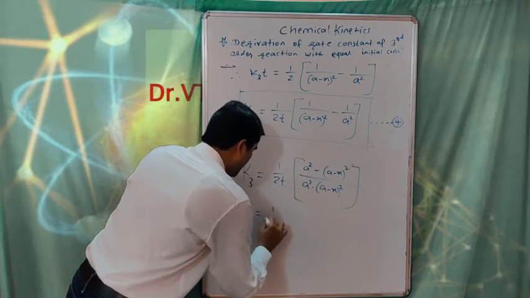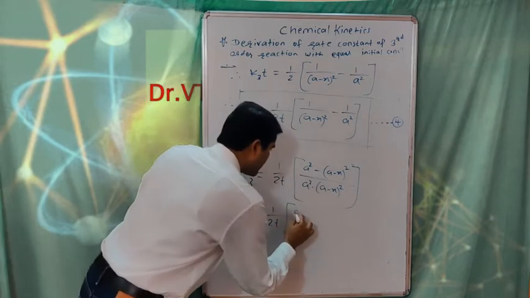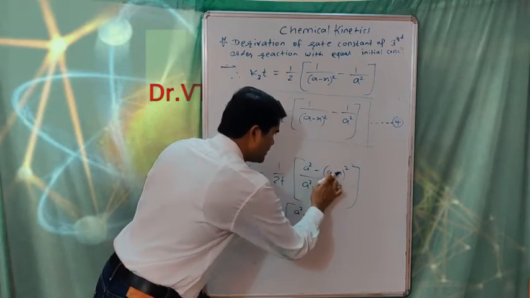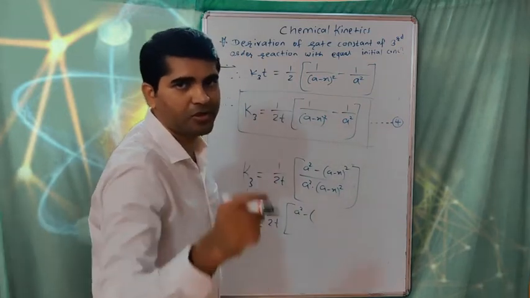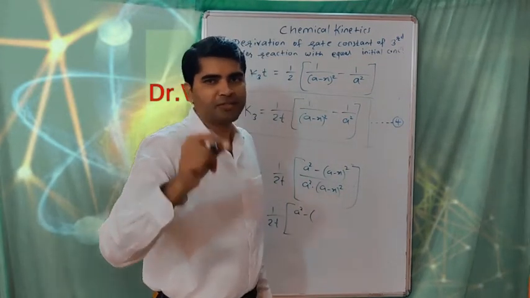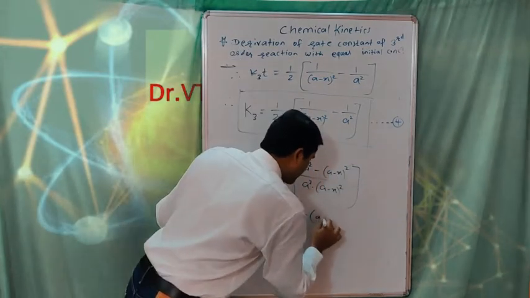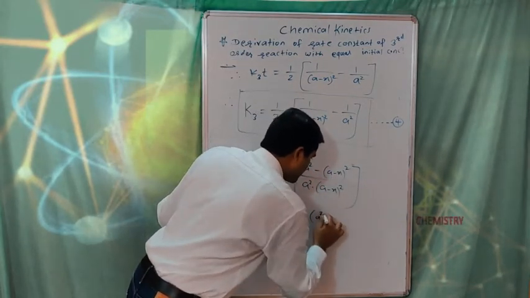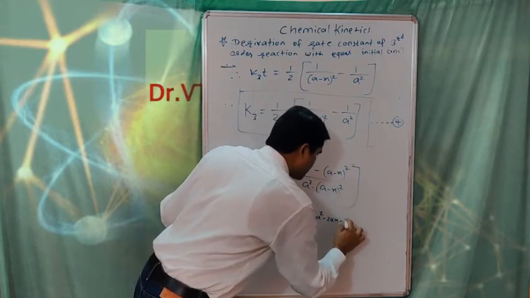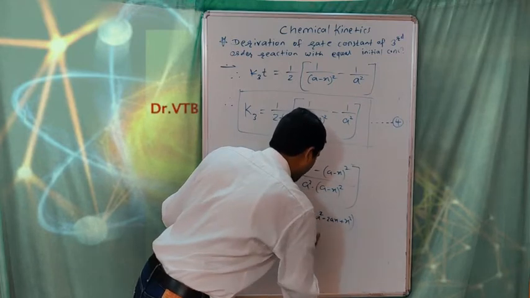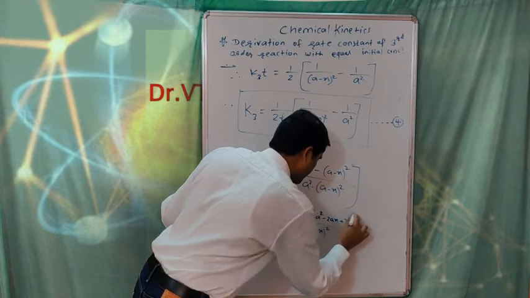So k3 is equal to 1 upon 2t, a square minus, solve this one. So inside the bracket, (a minus b) bracket square is what? a square minus 2ab plus b square. So apply that formula: a square minus 2ax plus x square upon a square into (a minus x) bracket square.